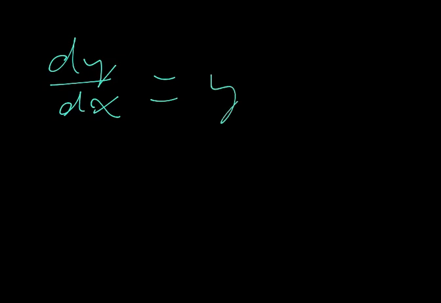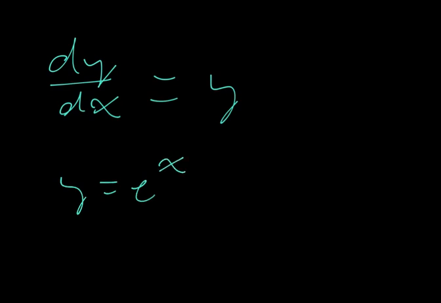Say this time we're given dy/dx is equal to y. So our derivative is equal to our function. Now one way you can think about this is to try and think of a function whose derivative is the same as itself. And we know from calculus that that function would be y is equal to e to the x. But let's say we don't want to think of it like that.